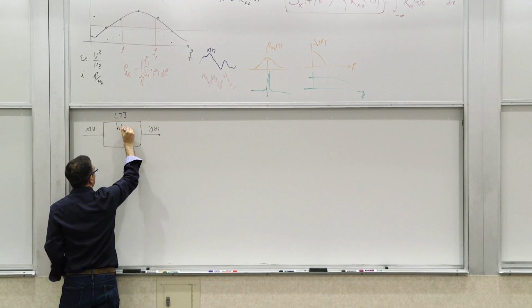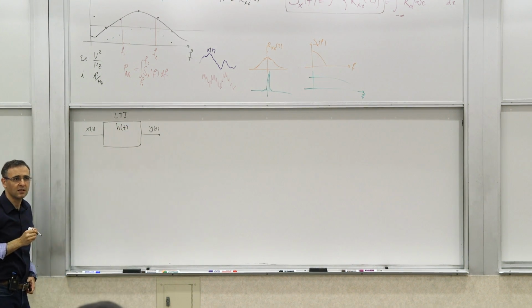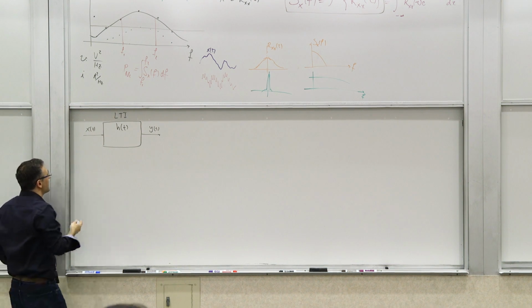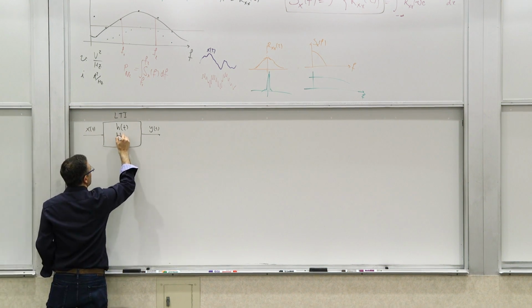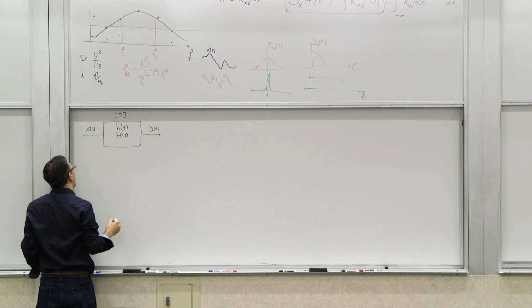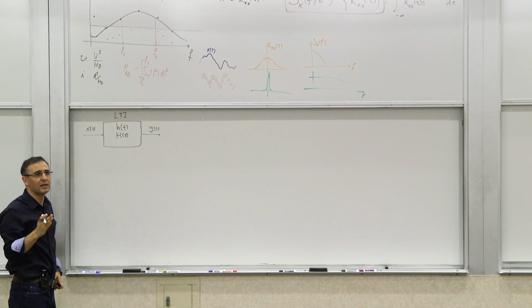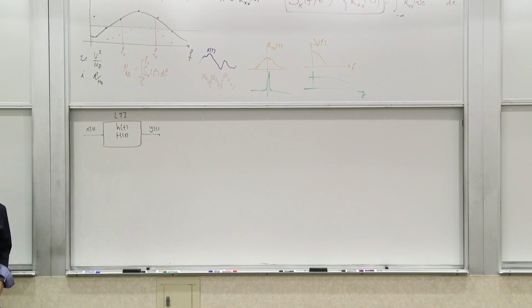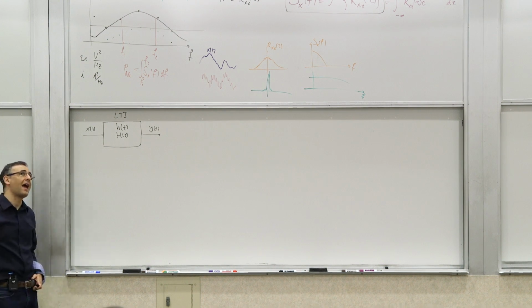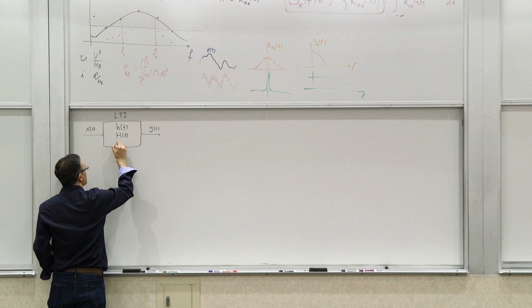In the time domain, we can characterize it with the impulse response, right? In the frequency domain, the Laplace transform gives you h of s in the complex frequency. If you wanted to look at it only for purely imaginary frequencies, namely sines and cosines, you get the Fourier transform, h of j omega. If you replace s with j omega, you're looking at it only on the j omega axis. Or versus f, you can write it as h of j 2 pi f, or simply h of f.